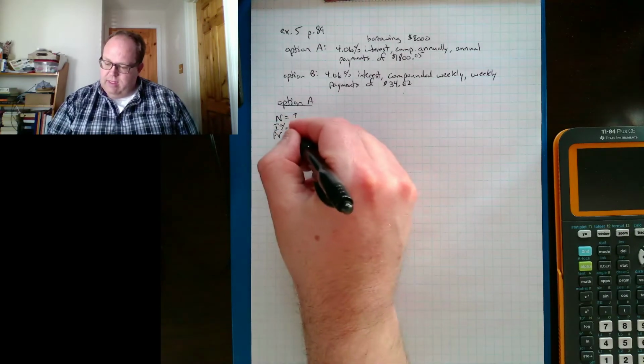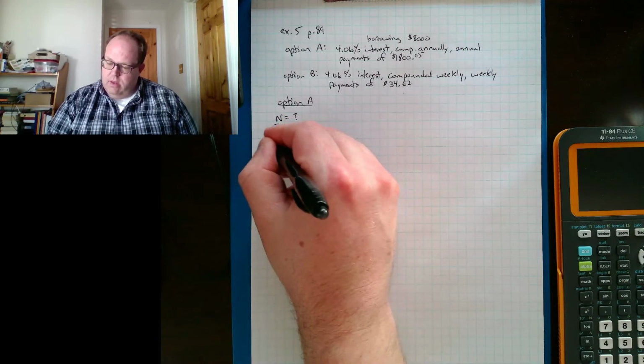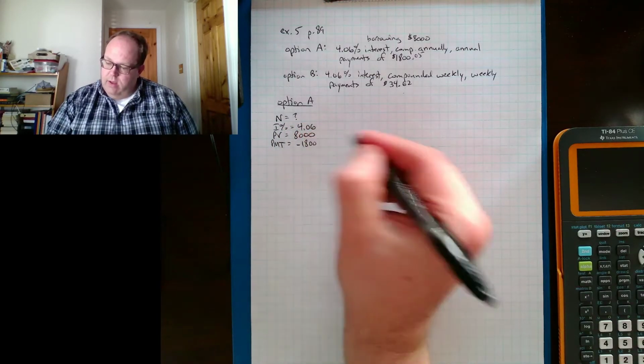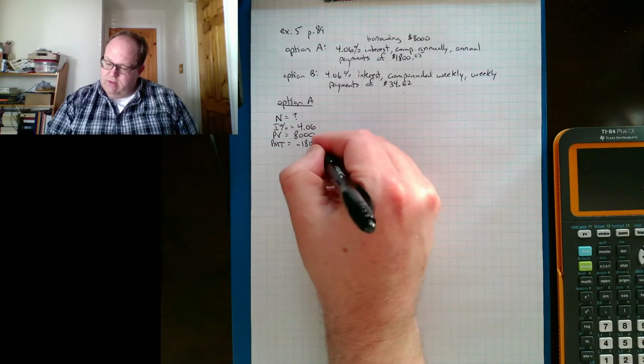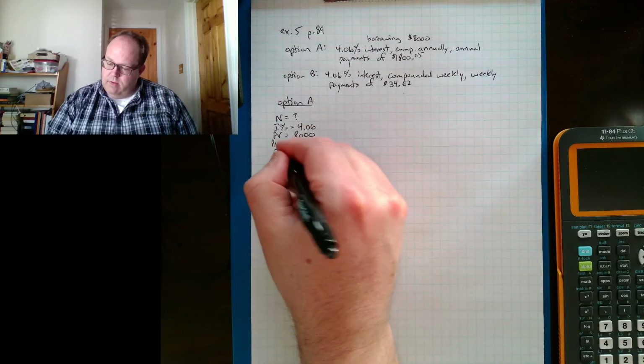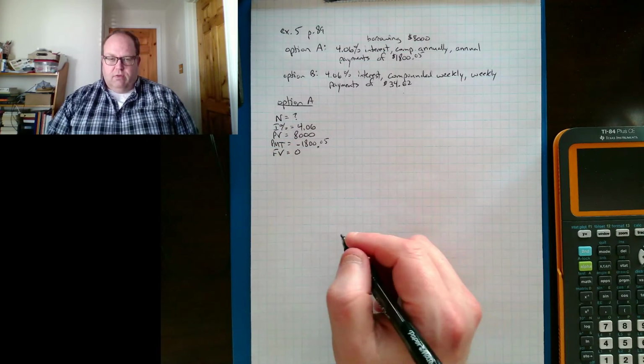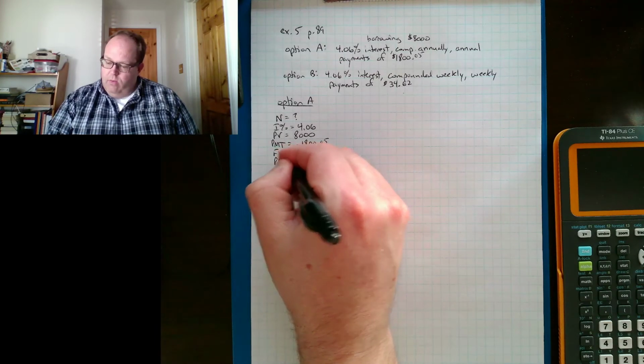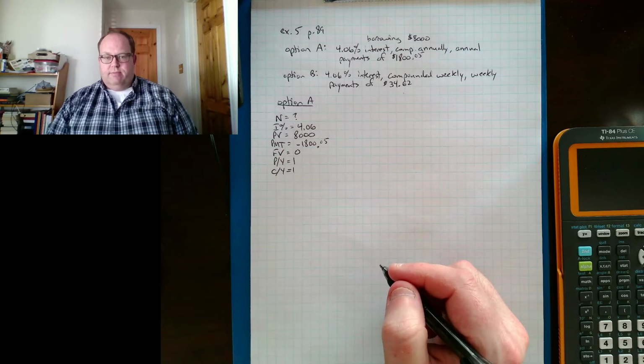He's borrowing $8,000. He's making regular payments of $1,800.05. He wants to have paid off the whole loan by the end of the term, obviously. 1 payment per year and 1 compounding period per year.